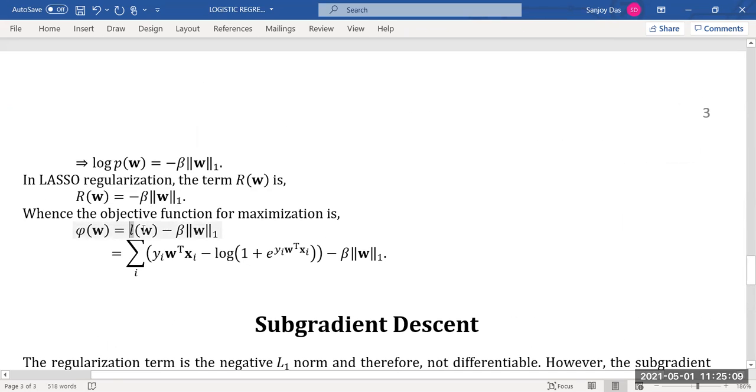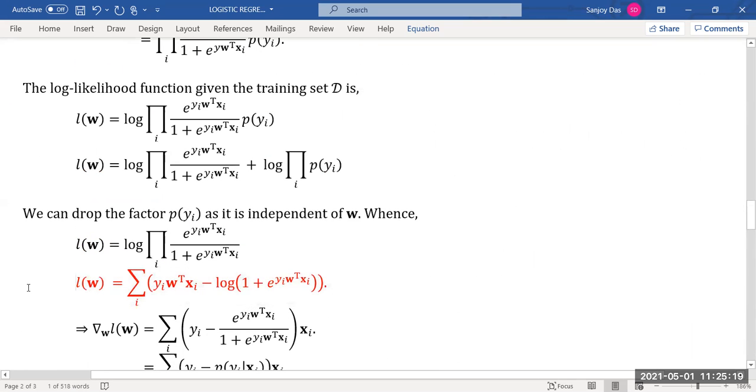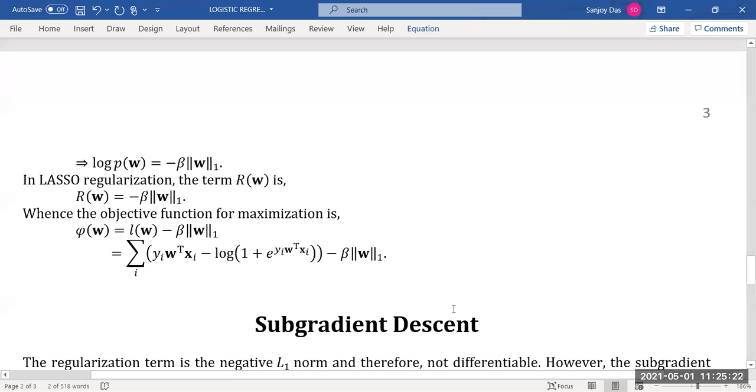Whence this is our objective function: P of W equals L of W, which we have devised here, plus R of W, and R of W is negative beta times the L1 norm of W. So this is our objective function that we want to minimize, which is also equal to this. Are we good?